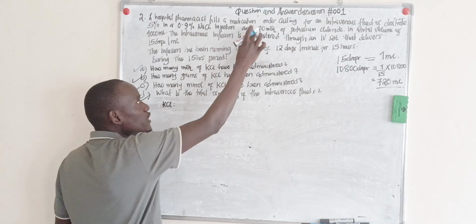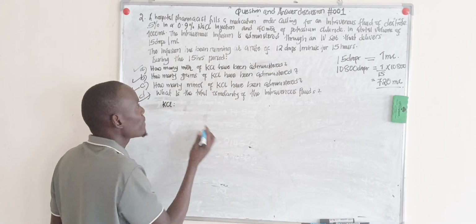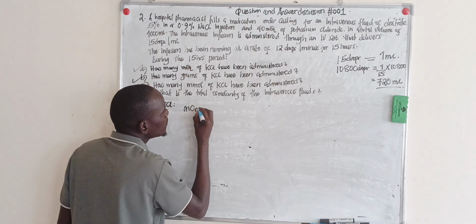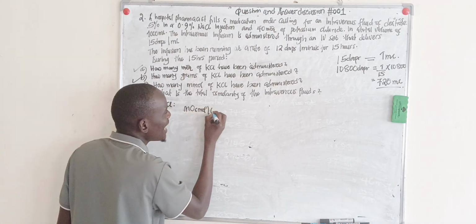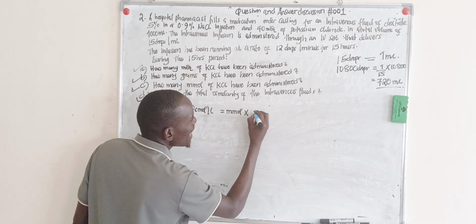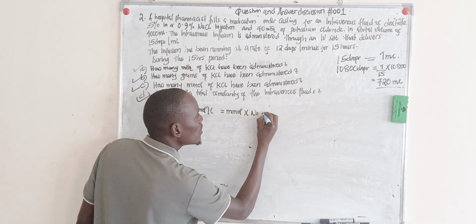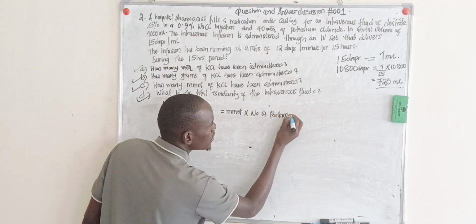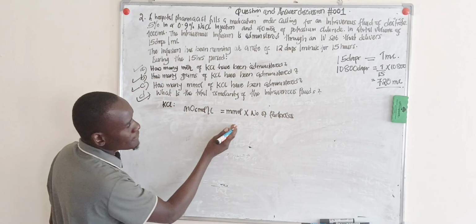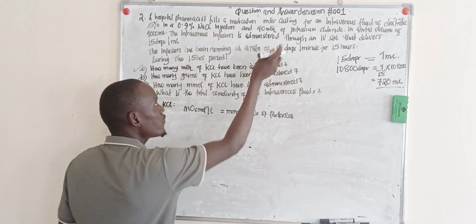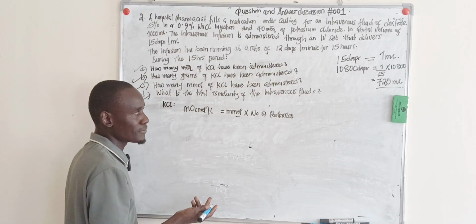So if we have 40 milliequivalents in a liter, we know that millimole per liter is given by millimole being multiplied by number of particles. So we are going to get the millimoles of potassium chloride.